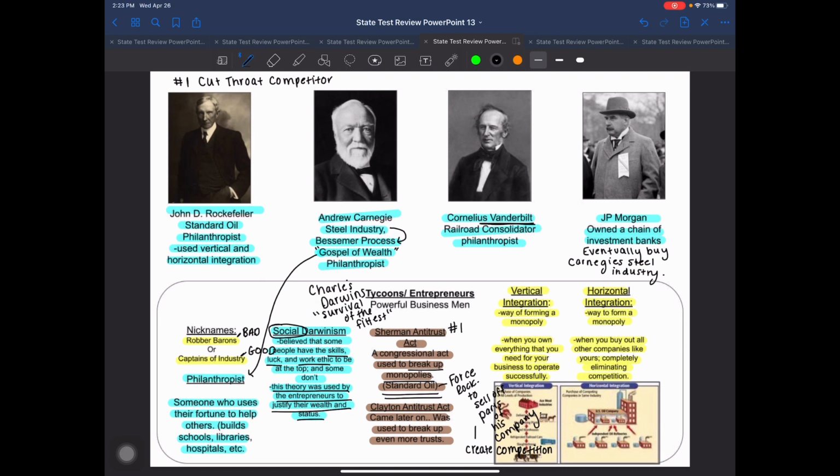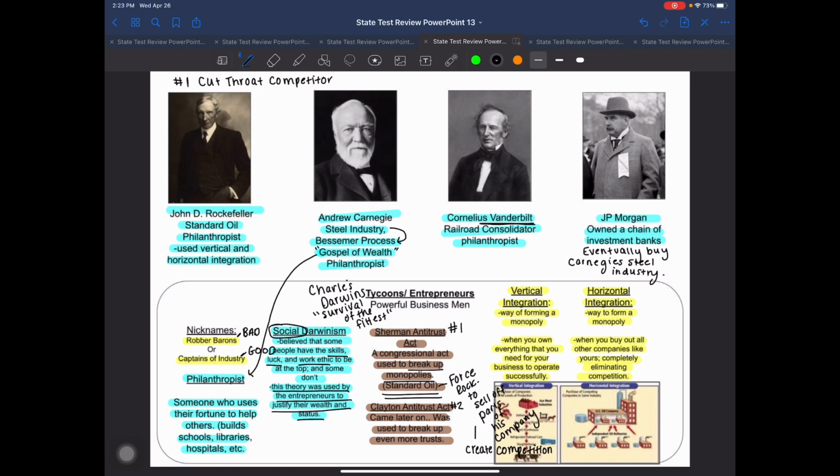But a lot of these entrepreneurs found loopholes around some of the laws, and they realized that the Sherman Antitrust Act did not cover as many bases as it should have. So later on, during Woodrow Wilson's presidency, we get another antitrust act that was much more strict, the Clayton Antitrust Act.